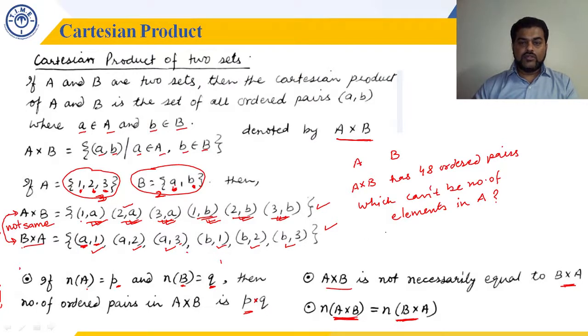These are the options: 12, 6, 4, 14. Which of the following is correct?